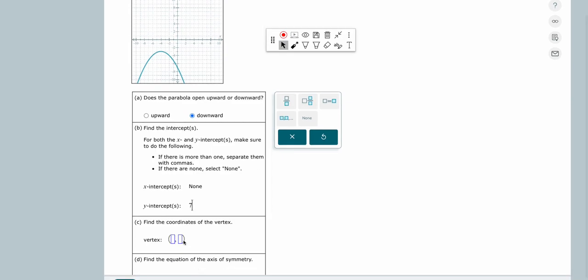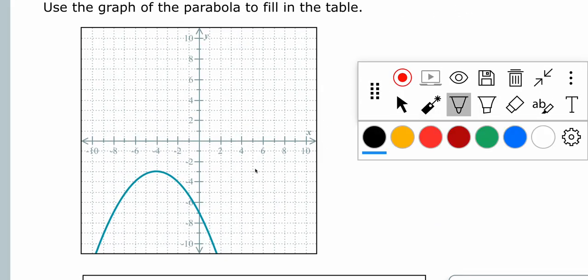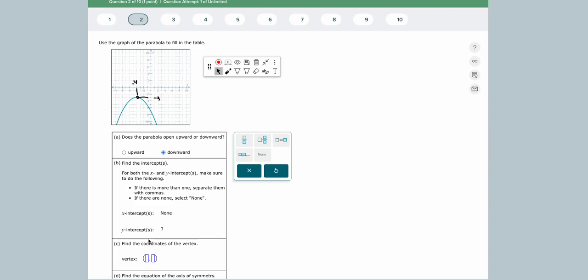Vertex. The vertex is going to be the highest or lowest point. So I look right here, pause this, see if you can find it. It is right there. That's it. The x is -4, the y is -3. That's -3, this is -4. Okay, so let's see what I'm going to type over here.